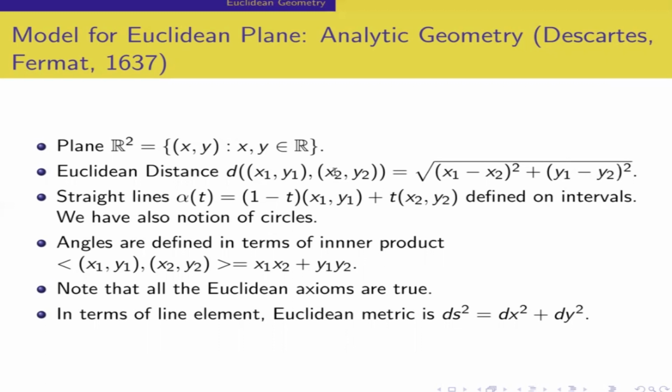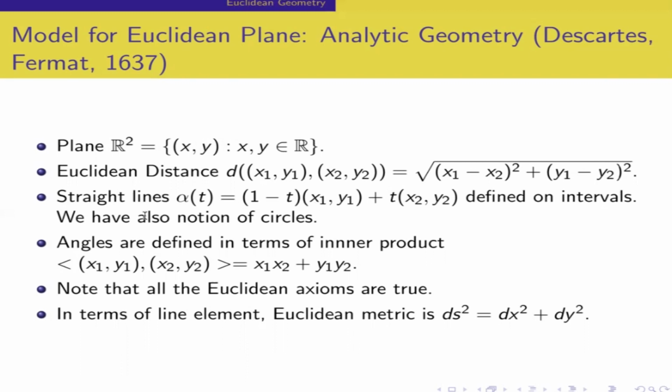And what is the meaning of a straight line? You take a map alpha from an interval to R2. This map alpha is just the convex combination of the 2 points (x1, y1) and (x2, y2). That is, alpha of t is equal to (1 minus t) multiplied by (x1, y1) plus t times (x2, y2).